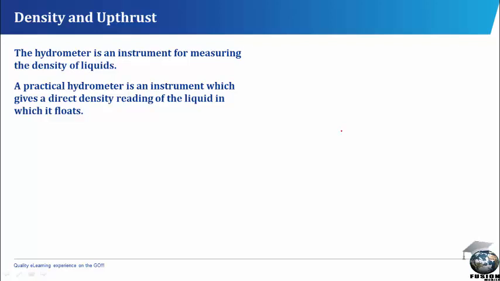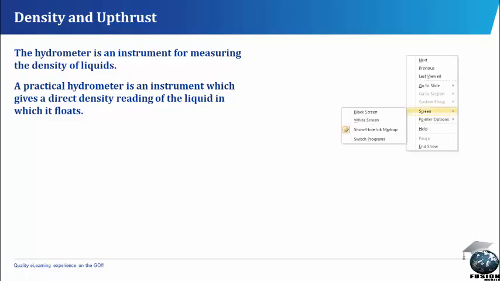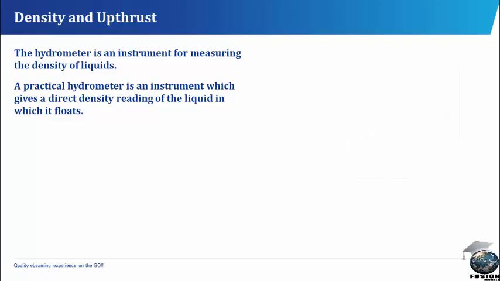Density and upthrust. Here, first of all, I want to mention the instruments. A hydrometer is an instrument used in measuring the density of a fluid. Now, the question is, what is density? Density is the ratio of the mass of a body to the volume of the body.